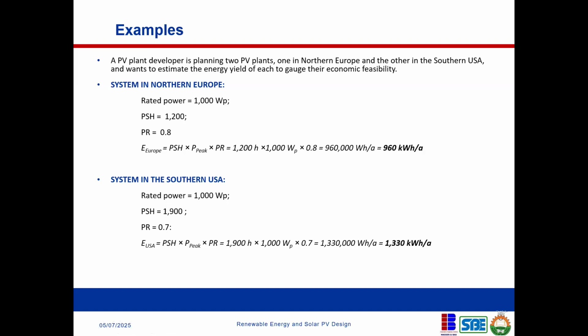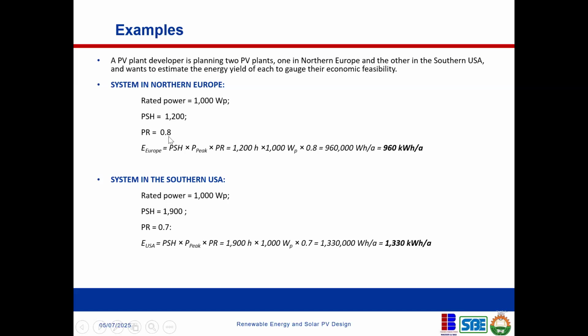Now, if you do this same installation in the Southern USA, the peak sun hour is 1,900. Meaning that the sun is more in Southern USA, right? But the same capacity of solar installation. But again, because of the high sun that is out in the Southern USA, it also raises the temperature, so the performance ratio reduces slightly.